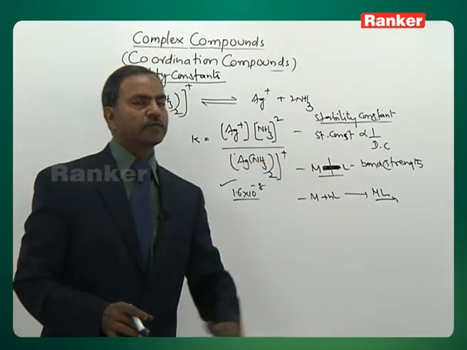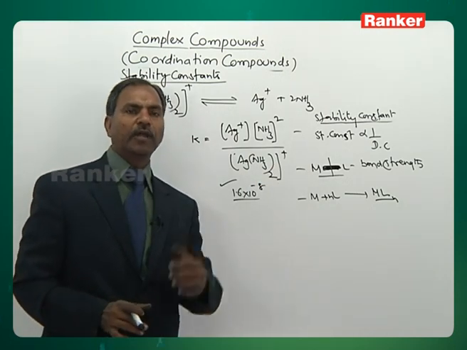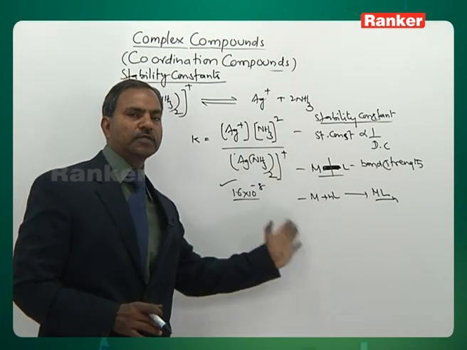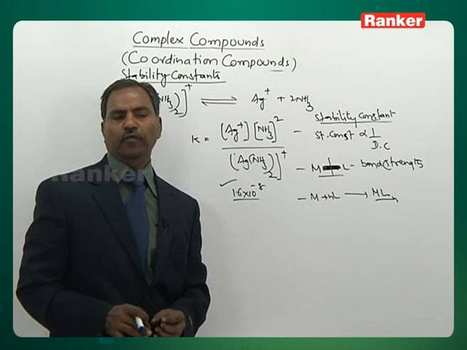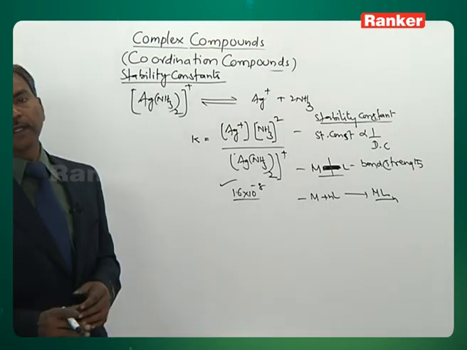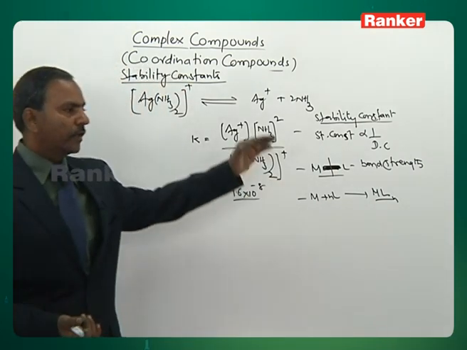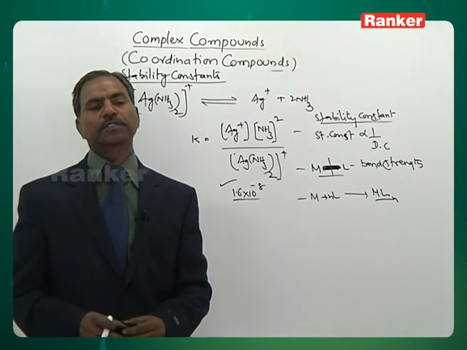So the stability constant is inversely proportional to the dissociation constant, and it gives information about metal-ligand bond strength and also the rate of formation of a complex. If the rate of formation is less, stability is less. Either way we can define this stability constant.